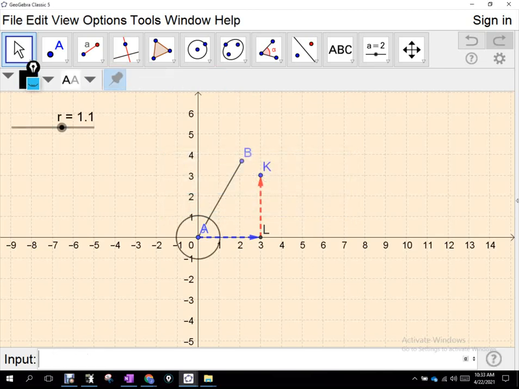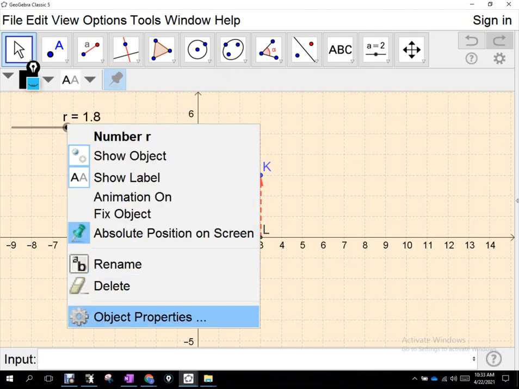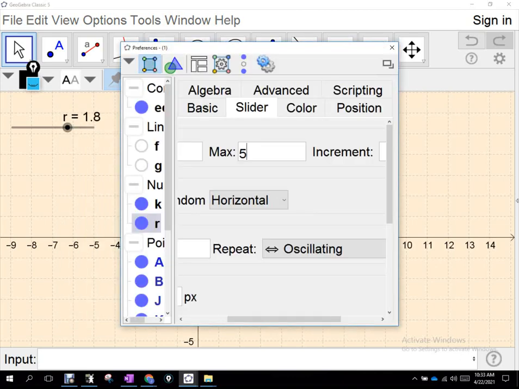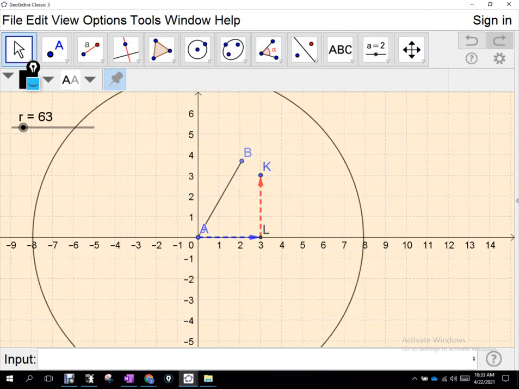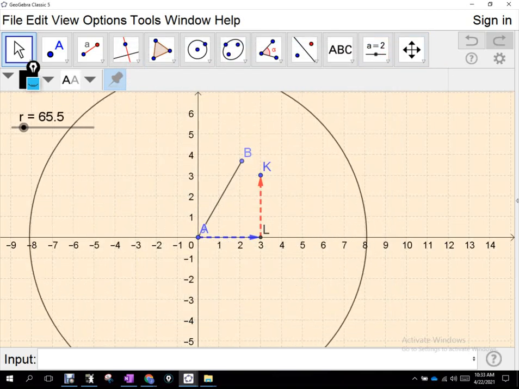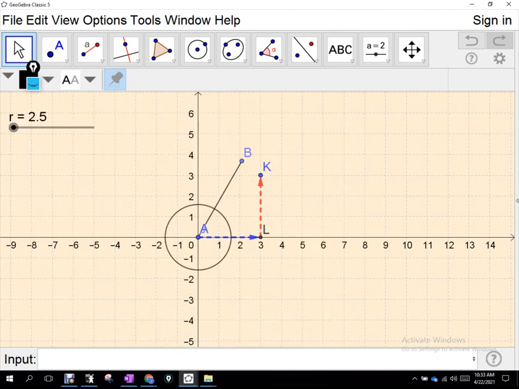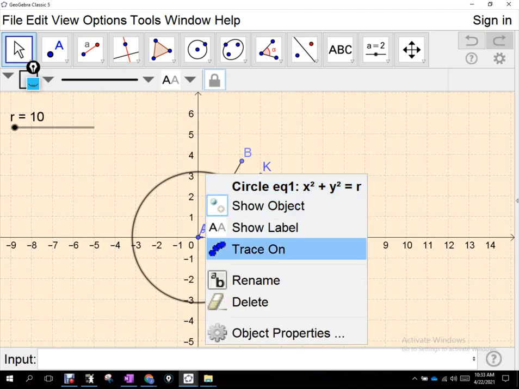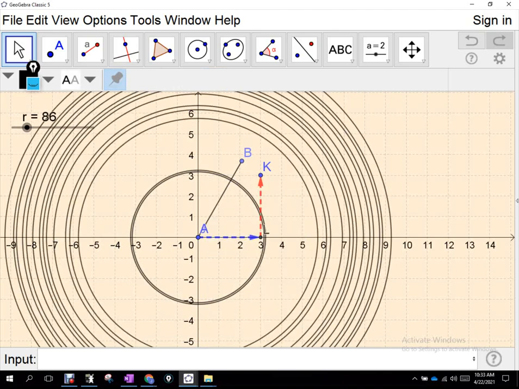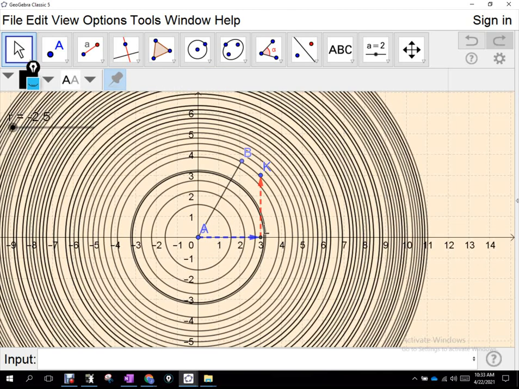These would be all the different circles that we could put in there, right? I can put all these different circles in here, and if I highlight all these different circles, okay?